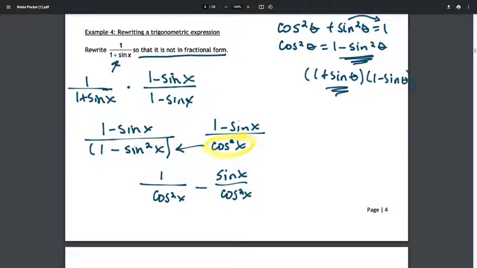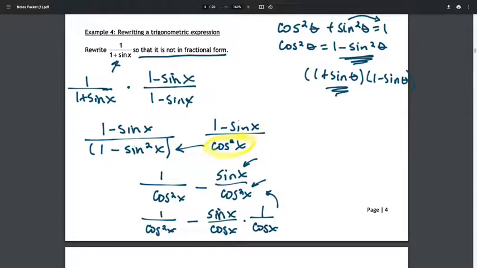The reason why I'd want to do that is because now I can start changing things to where they're not in fractions anymore. But I do have a problem right here. This sine is not squared, but the cosine right here is squared. So I'm going to keep that one the same, but over here I'm going to think of this as sine x over cosine x times 1 over cosine x. That's the same thing as this up here.